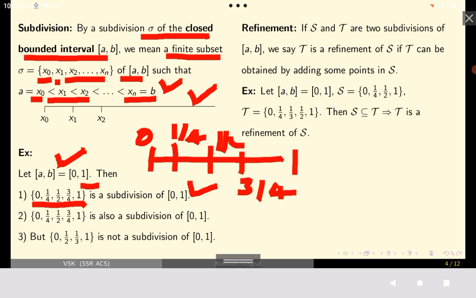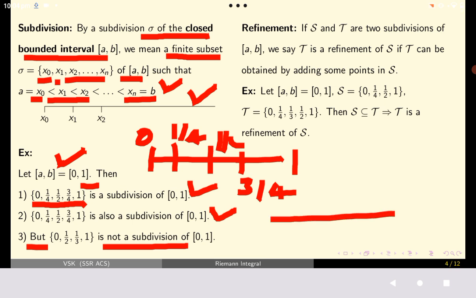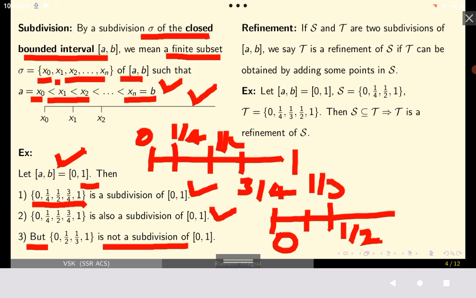So this is a subdivision. Similarly, this is also a subdivision, but note that this is not a subdivision of 0, 1, because here we are taking the first point as 0, then the point 1 by 2, and the next point should be greater than this, but the next point is 1 by 3. So it is not a subdivision.